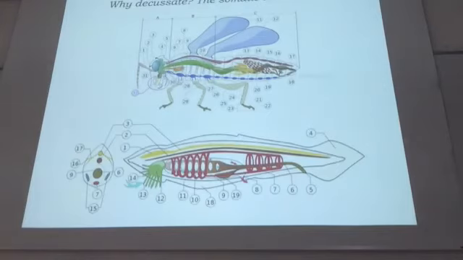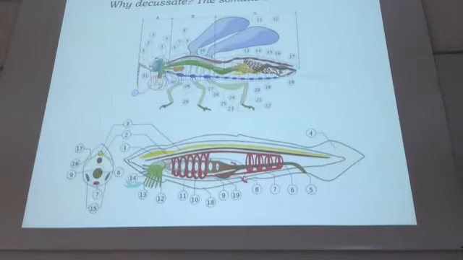This is the somatic twist model. The picture above is of an insect, and underneath it is Amphioxus. It's the most primitive chordate, and we are part of the chordate family.